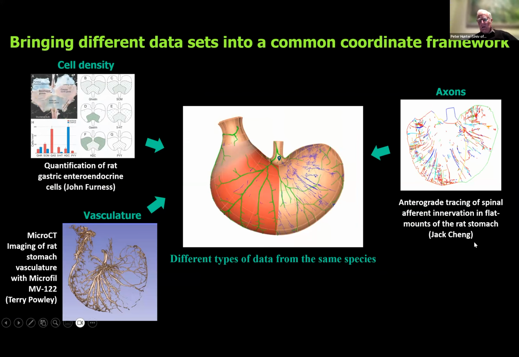You can bring all the data sets into one common framework, where the scaffolds can be adjusted to fit the experimental preparation that's being used to collect that data. So you're pulling all the data into one common framework for being able to use those data as part of a computational model. And then we embed those organ scaffolds into whole body frameworks.